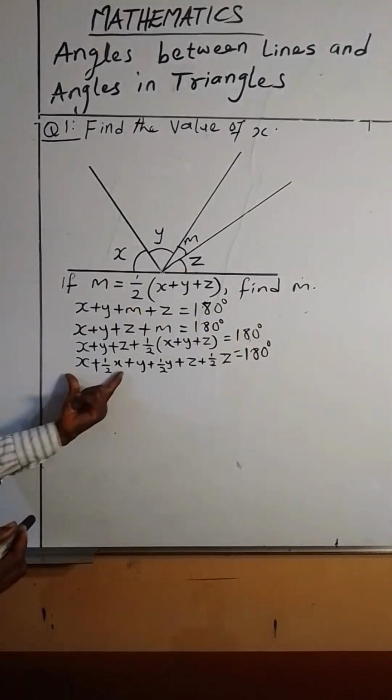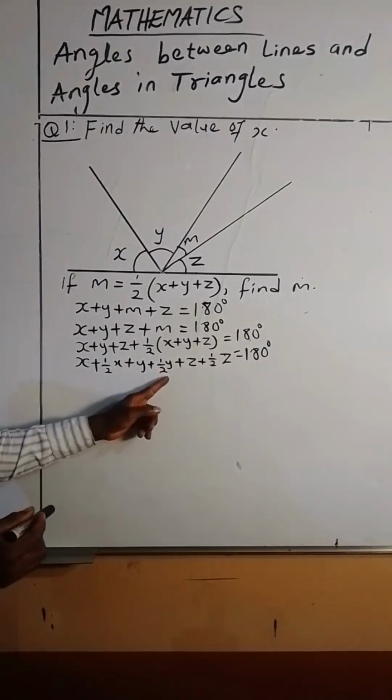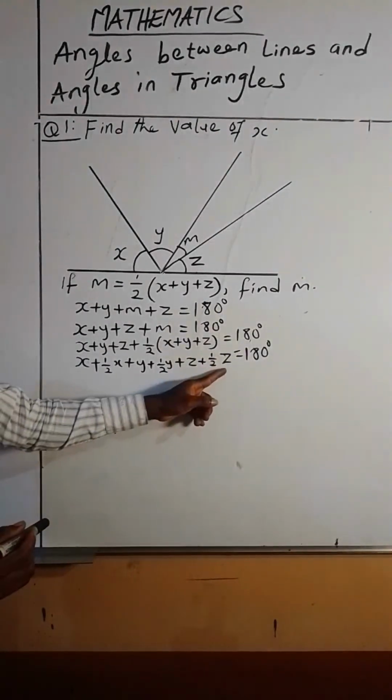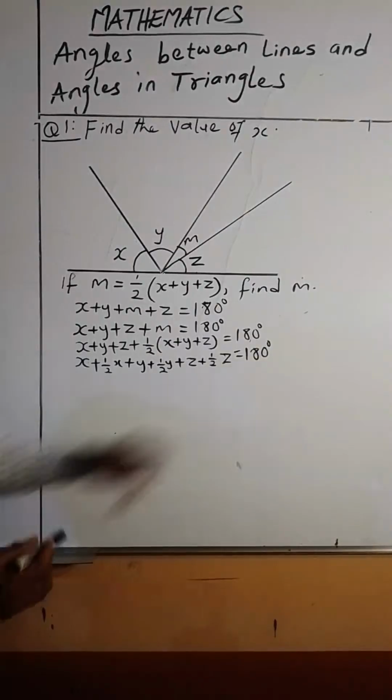Because this is x and its half, this is y and its half, this is z and its half. So when you add up, you get 180 degrees.